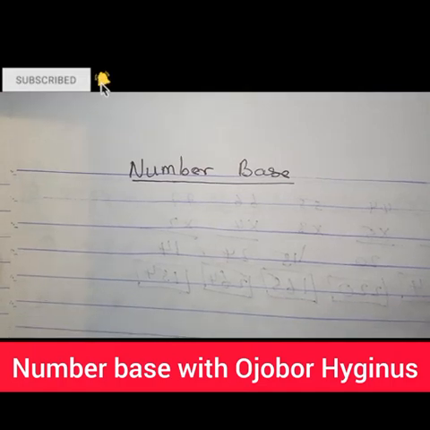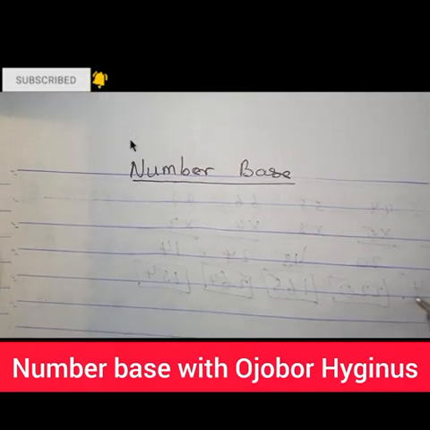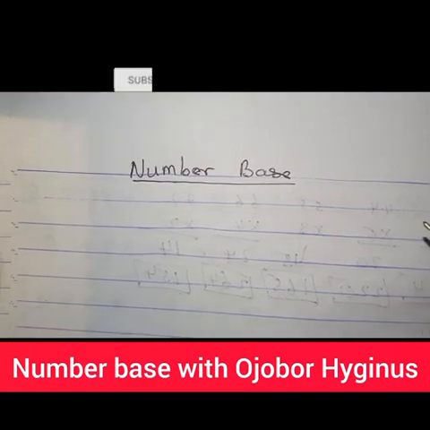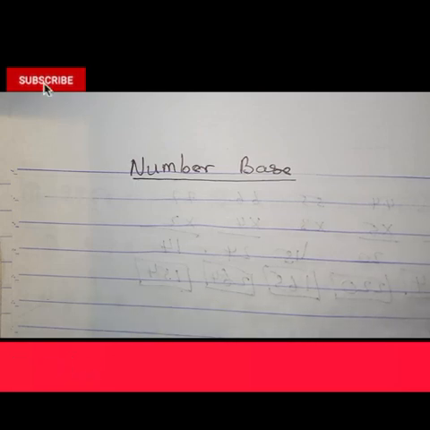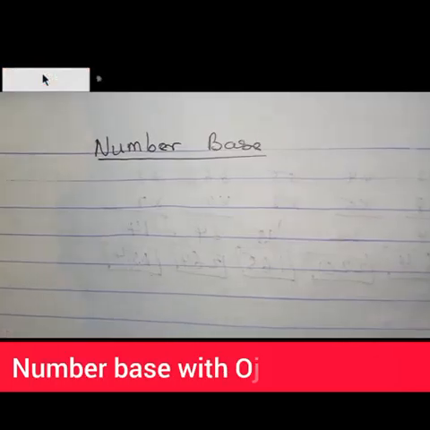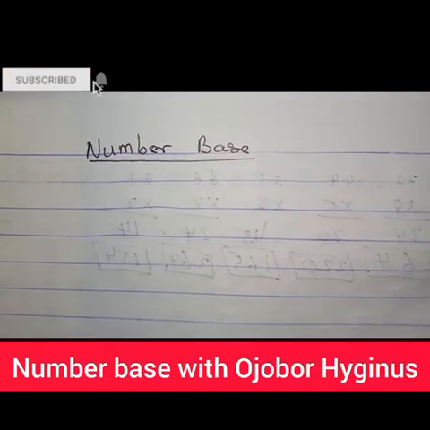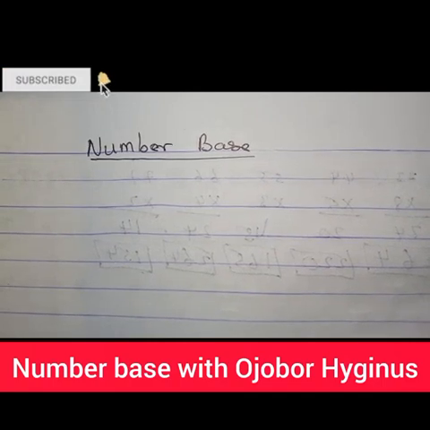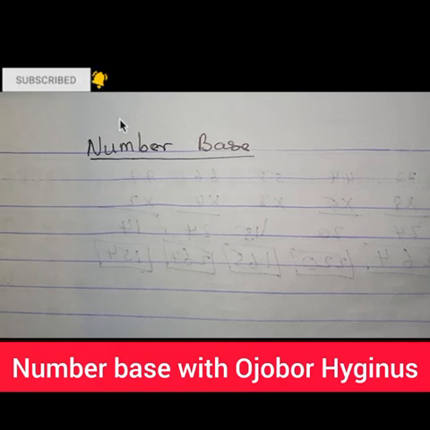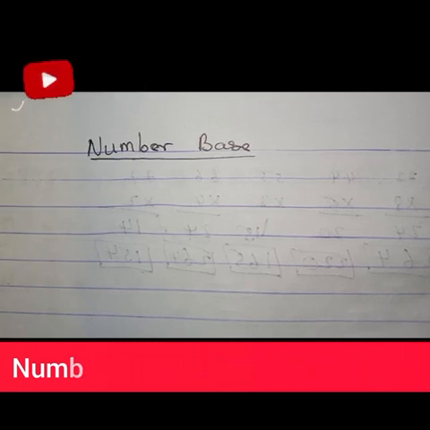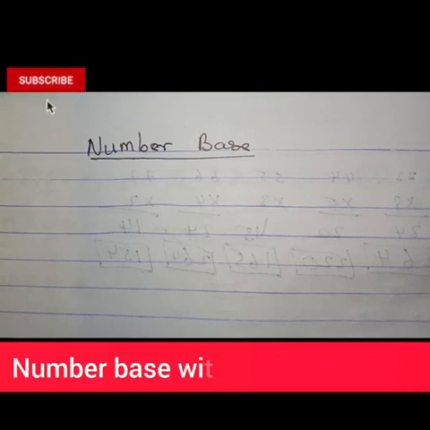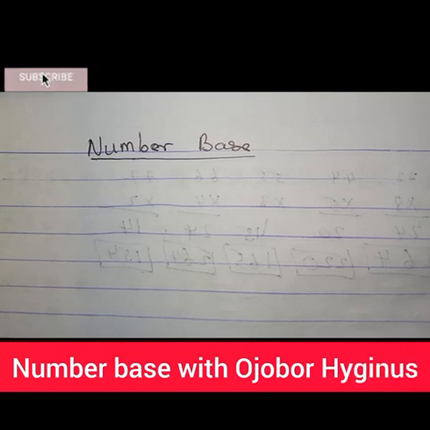In number-based system, there are several rules and classifications of number base, but we are going to lay our emphasis and interest on the ones that concern us and the ones that we are good at. This is going to help us at secondary school level for SSCE, for JAMB and other exams at O level.